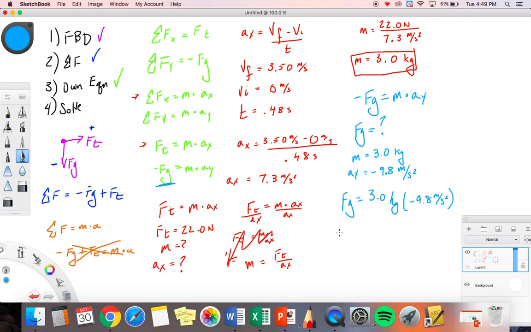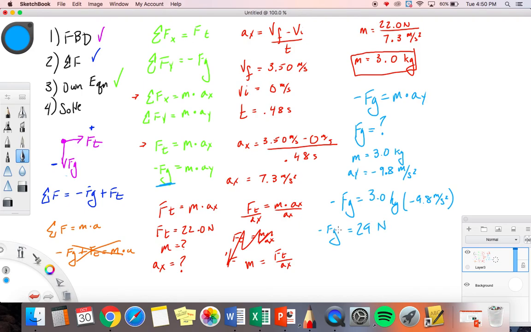I plug it in, and I solve for force of gravity. Oh, mind you, this is negative, and it should be 29.4 newtons. So I'm going to put negative force of gravity is 29.4 newtons, but I need 2 sig figs from the 3.0. So I have 29 newtons.